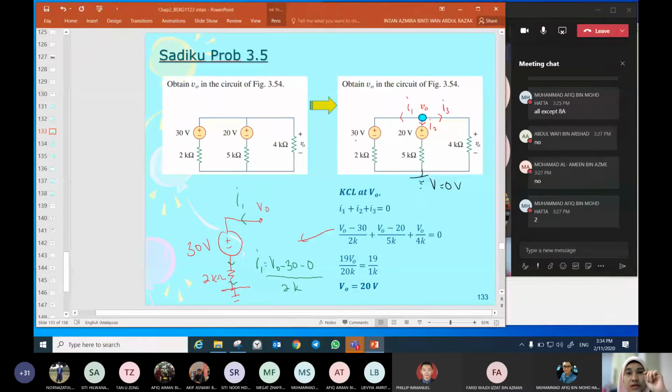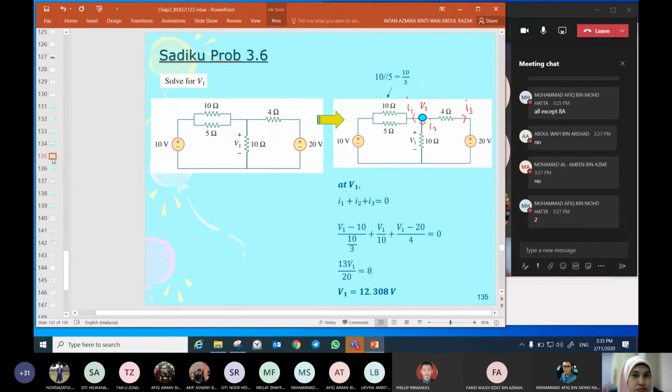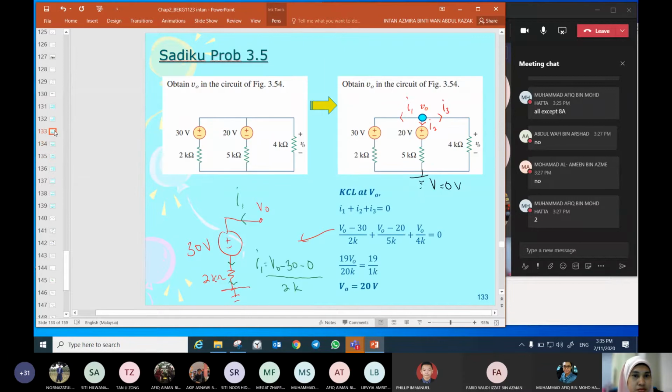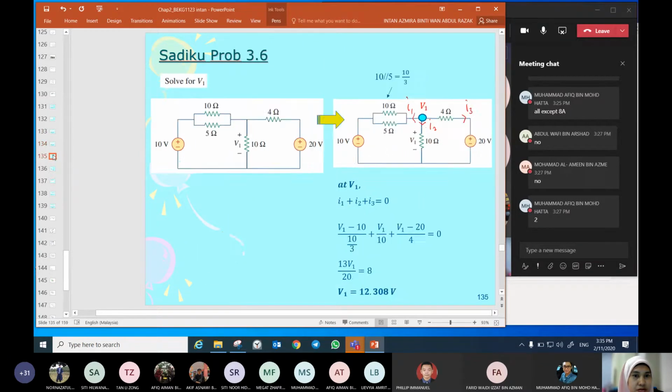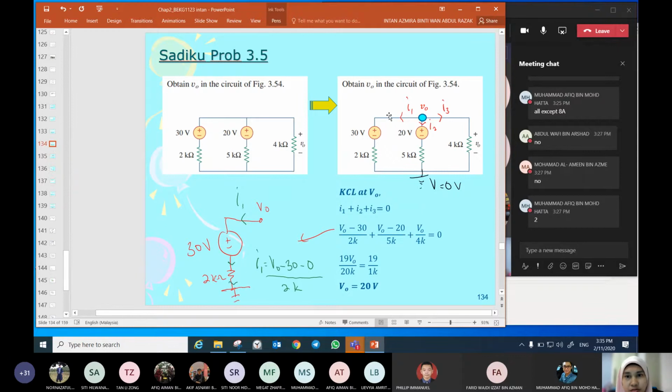Afiq wants to make the I1 flow from 30 volt to V0, so 30 minus V0 divided by 2k, and you will get the same answer. Now you can try.